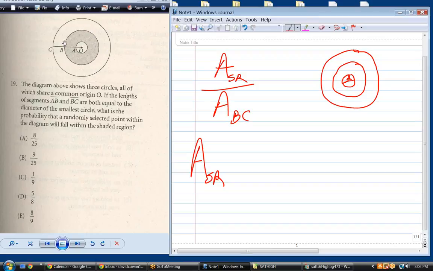That's the area of the middle circle minus the area of the inside circle. Yeah. Okay. The area of the middle circle, what's its radius? 2D.